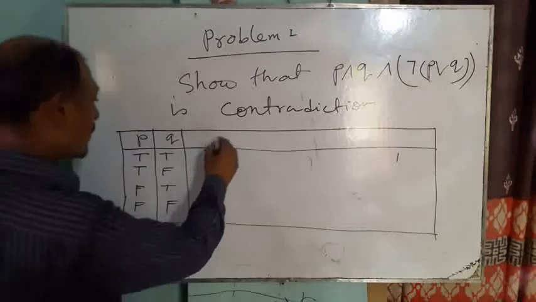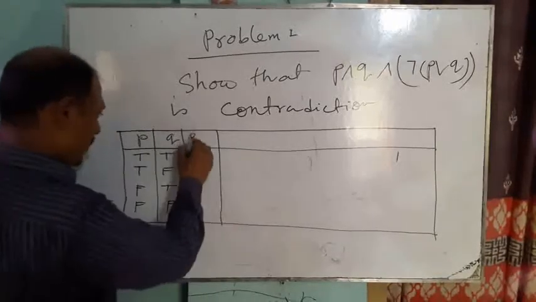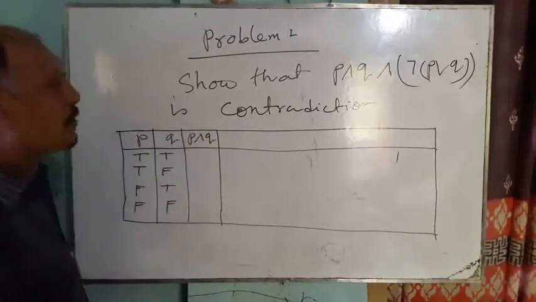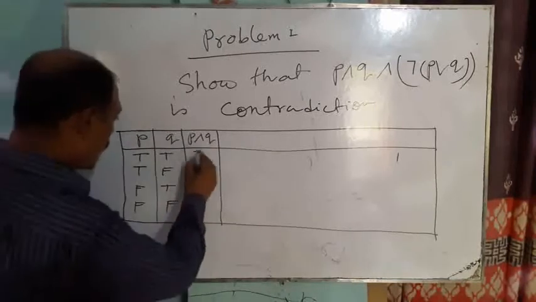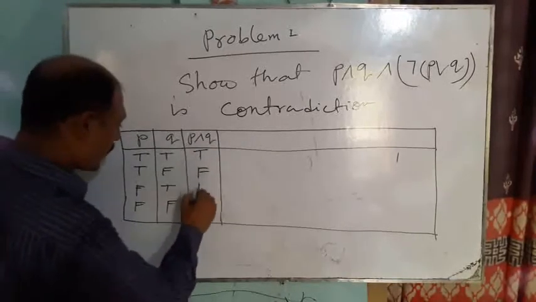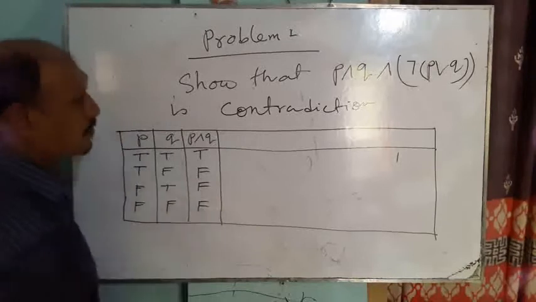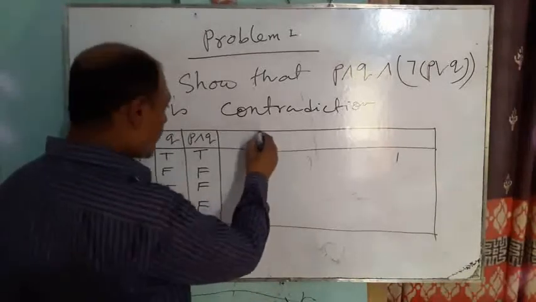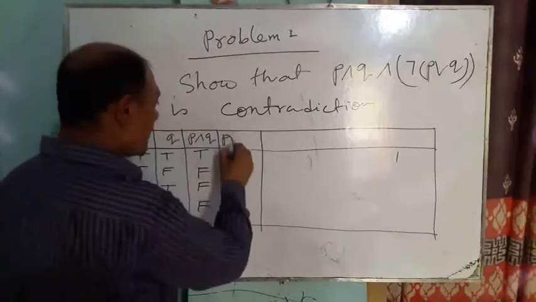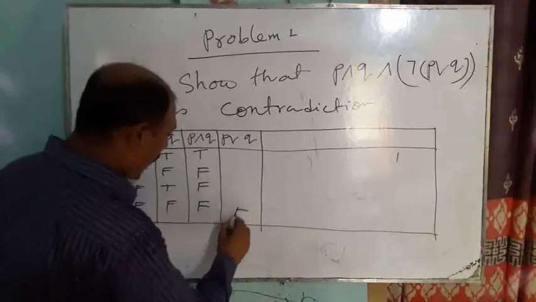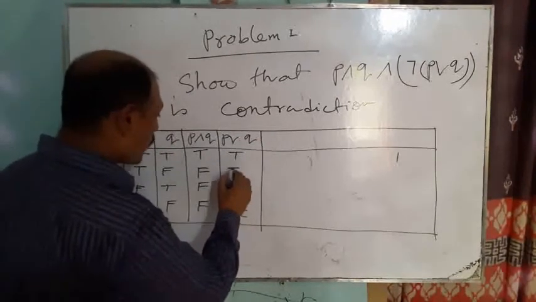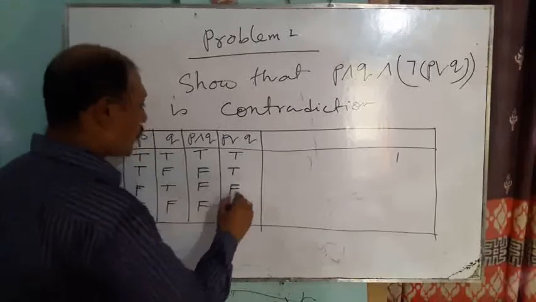P conjunction Q: true, false, false, false. P disjunction Q: true, true, true, false.